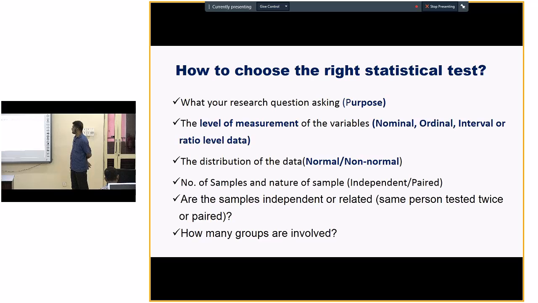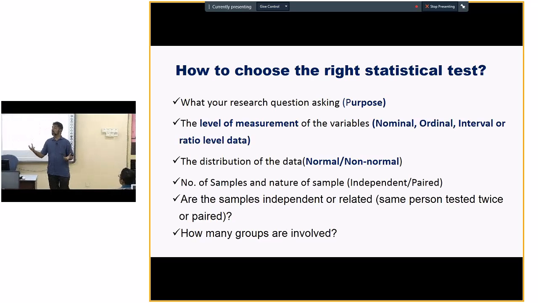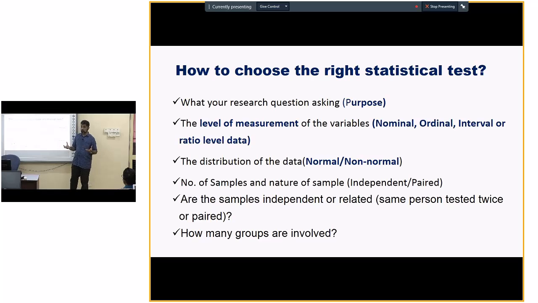The number of samples and how many groups, right? Then we have to think about them. In some cases we have 2 groups. In your case you have 2 pairs, not 2 groups, before and after. Here it is a related sample, not an independent one. The same person gives their comments before and after. That means related, not independent.